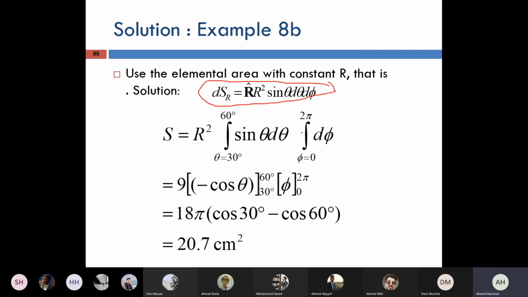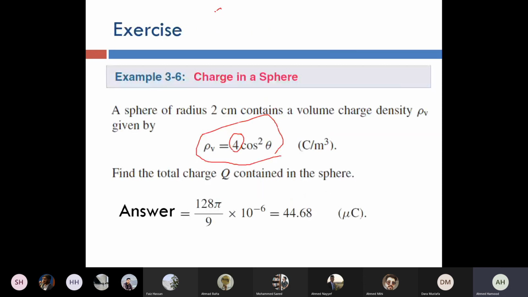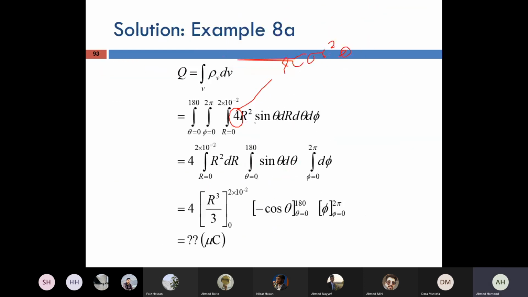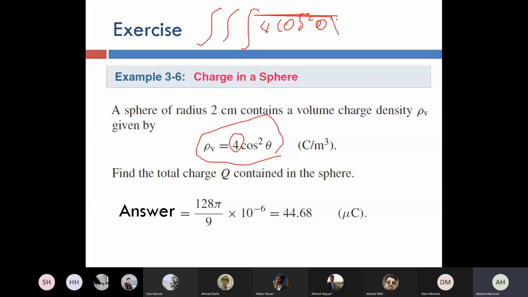So let's see what we have here. We have 3 integrations. Then we have 4 cosine square phi, then r square sine phi, dr, d theta and d phi.